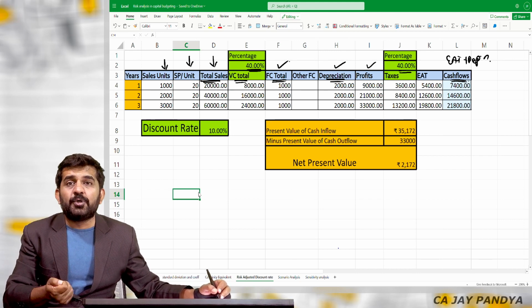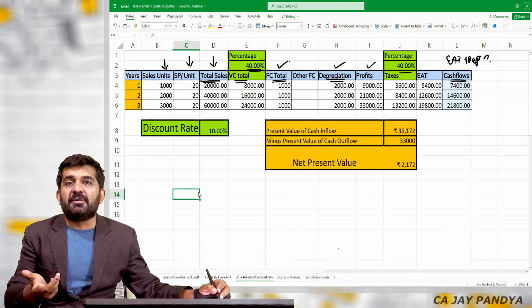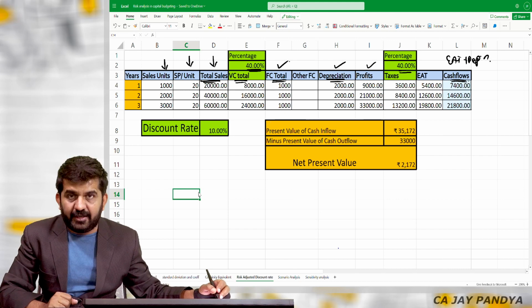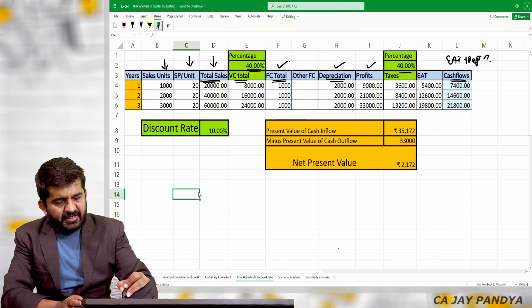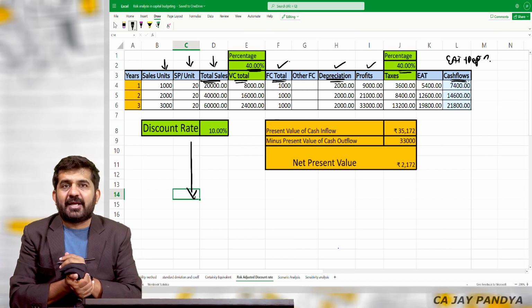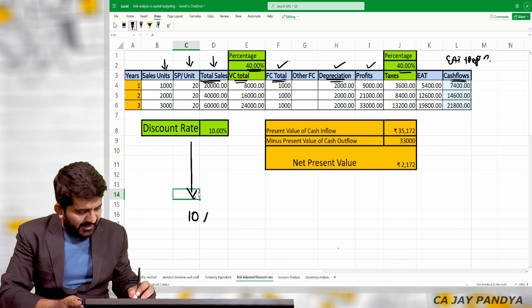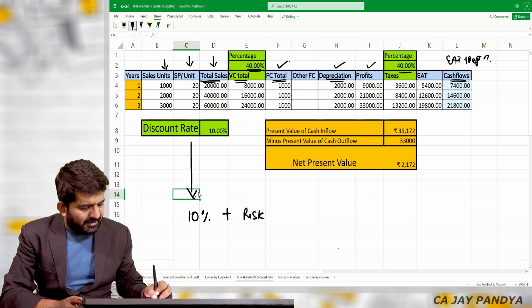So what I do is, I will increase the risk premium in the discount rate. My cost to borrow money is 10%, agreed. Cost to borrow money is 10%, but I want 10% plus my risk premium.